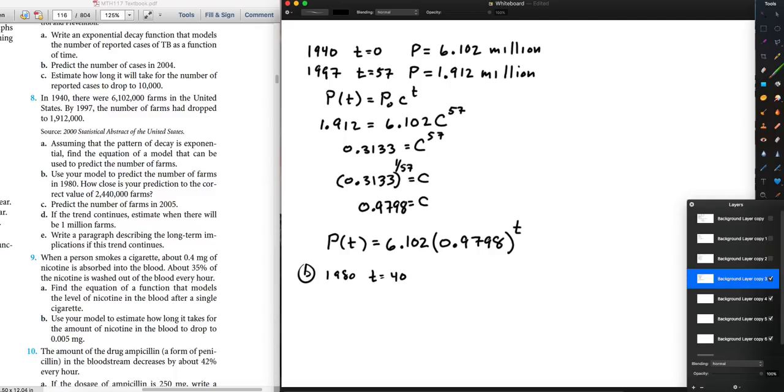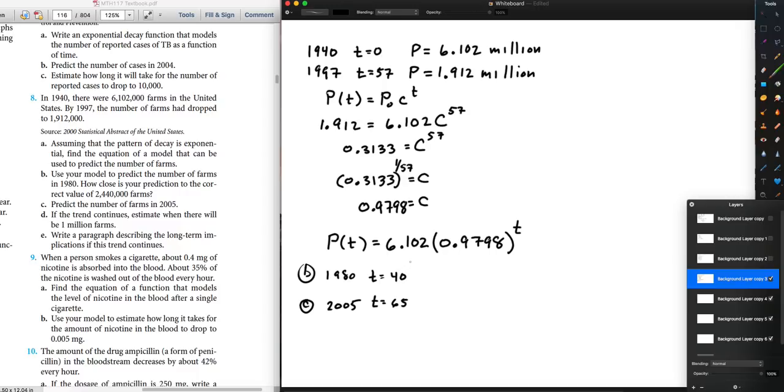Plug that in for t, drop it into your calculator, spit out an answer. For C, predict the number in 2005. Again, if t equals 0 is 1940, then 2005 is t equals 65. Drop it in for t, put it in your calculator, and get your answer.